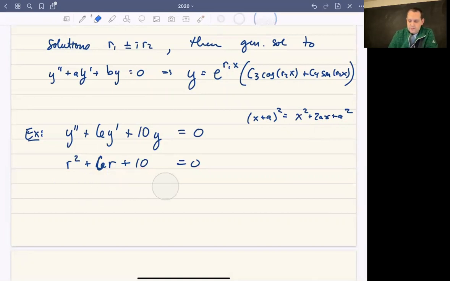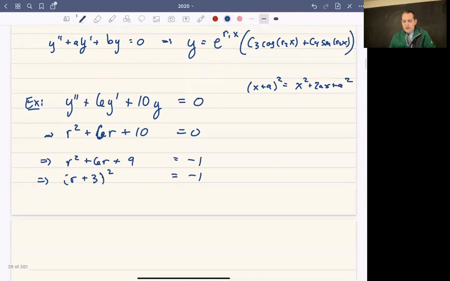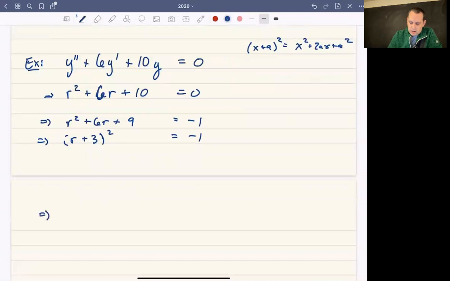In fact, let me write this for the first one. We're looking at r squared plus 6r plus 9 equals -1. The reason why we did that is that we can write the left side as a square. This is r plus 3 quantity squared, and that's going to be equal to -1. That tells you that r plus 3 is going to be plus or minus the square root of -1.